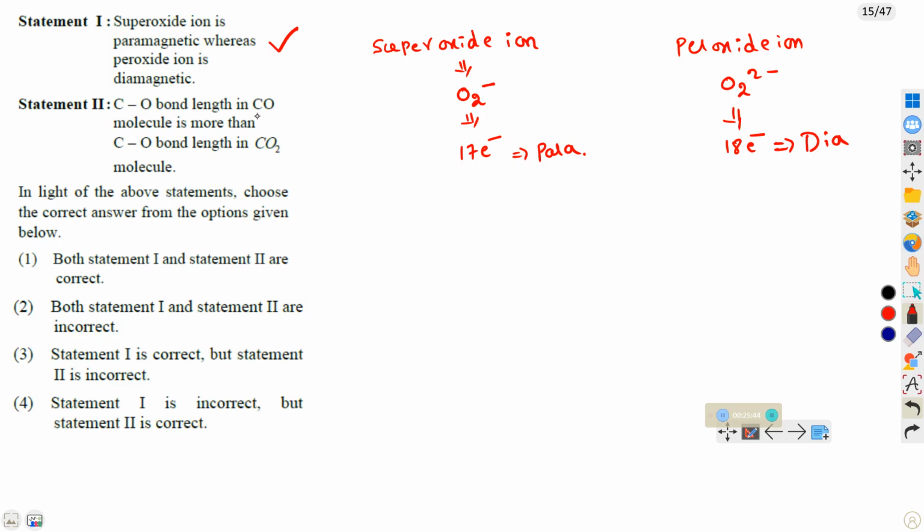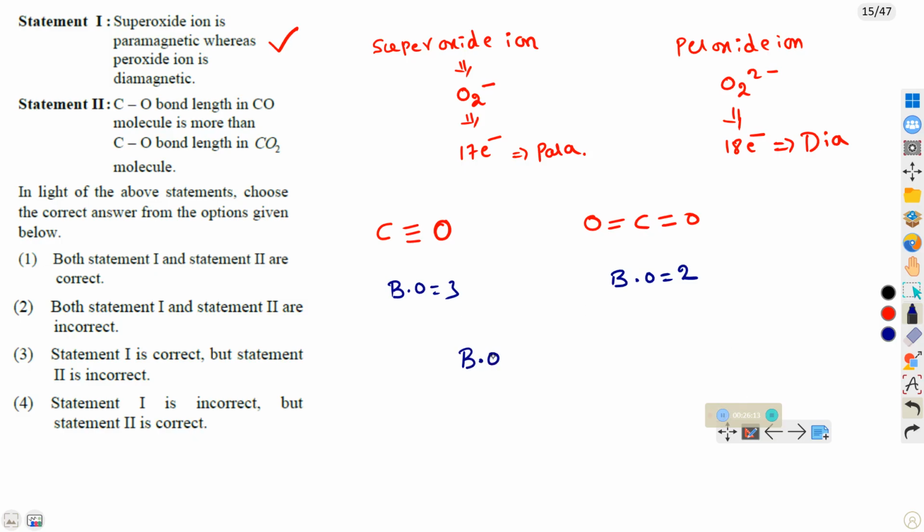CO bond length in carbon monoxide molecule is more than CO bond length in CO2 molecule. Carbon monoxide you can take. Between carbon and oxygen, triple bond is present. Carbon dioxide, between carbon and oxygen, double bond is present. Bond order value is equal to 3. Here bond order value is equal to 2. What is the relation between bond order and bond length?